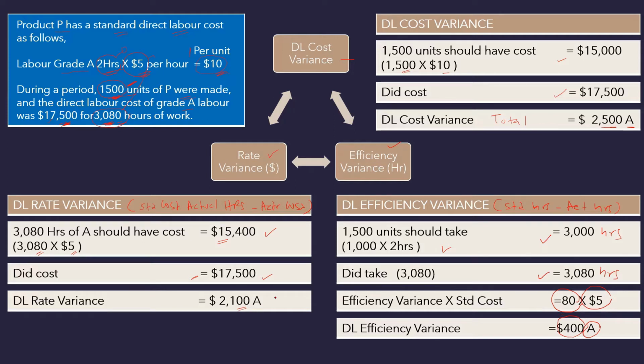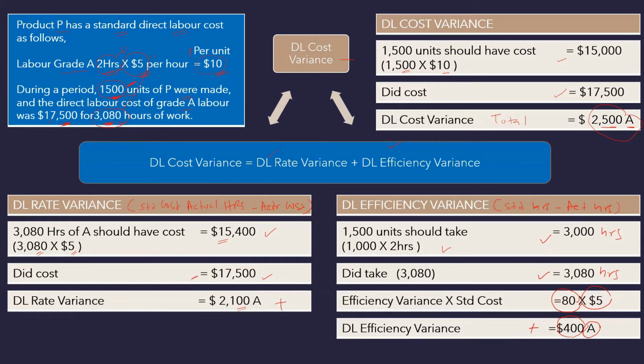So when you compare this 2100 plus this efficiency variance 400 adverse, the total should be 2500 adverse variance. Okay, so to calculate direct labor cost variance, that consists of the rate variance and efficiency variance.